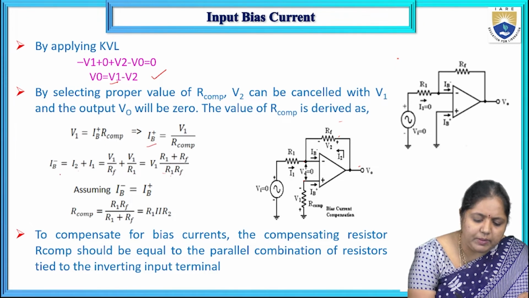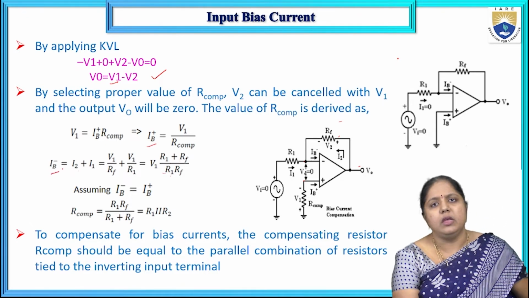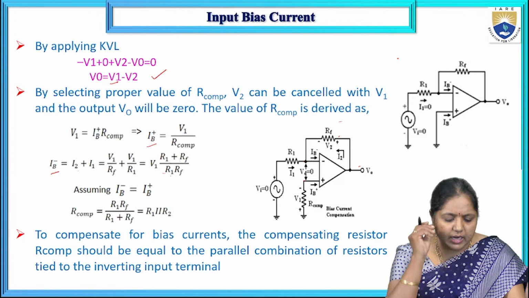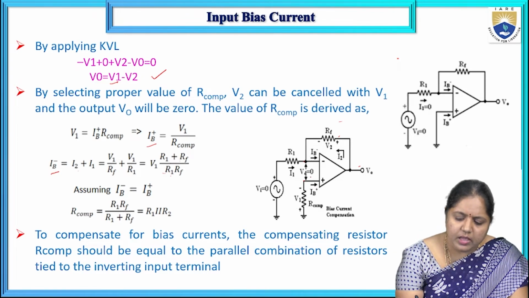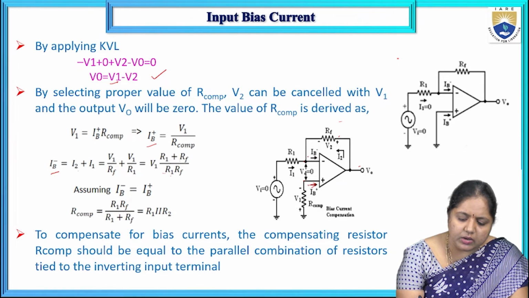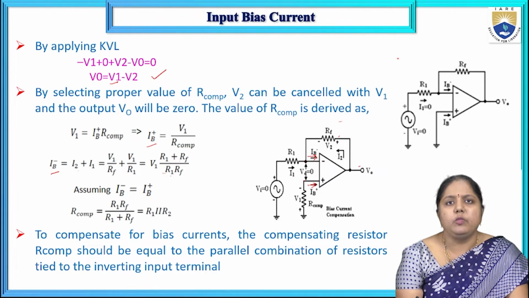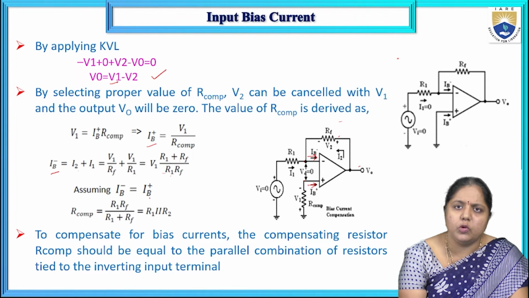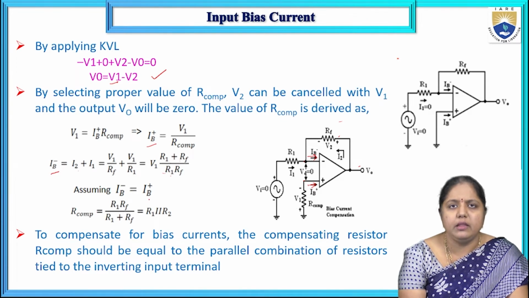Here I got IB plus and here I got IB minus. According to the transistor, the currents passing through both the inverting and non-inverting terminals of the op-amp are equal. I am taking that assumption.